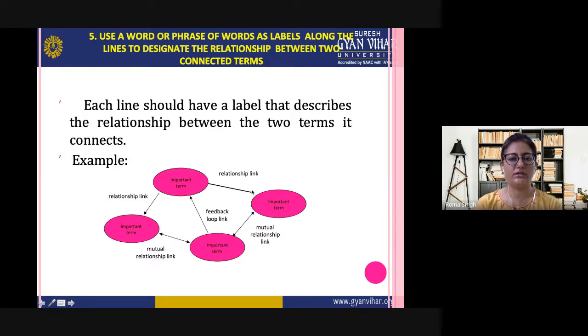Then we have given arrows showing which direction it has to go. Then we have to write the phrases on those arrows. These are the double-headed arrows, showing mutual interlinking. This is how relationships and mutual relationships can be shown easily.